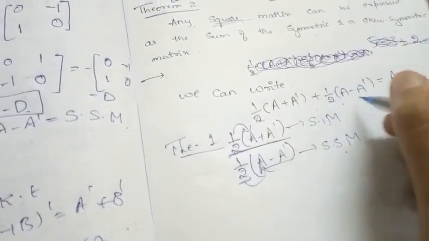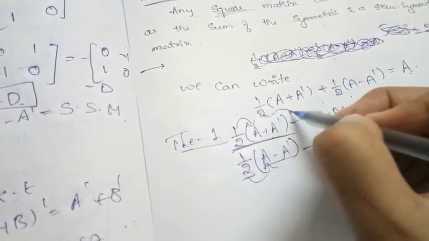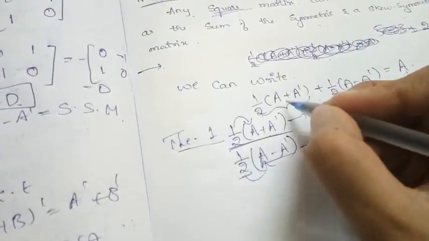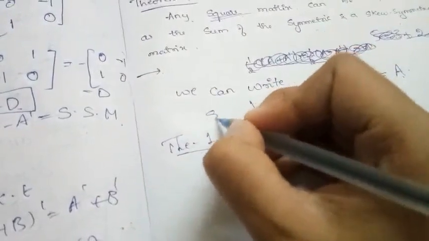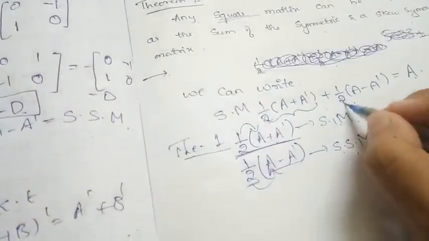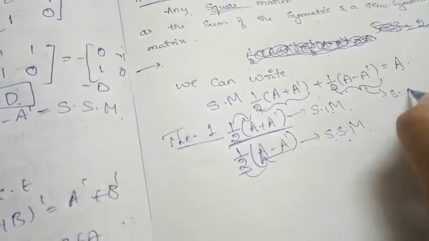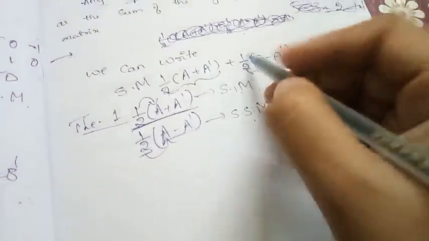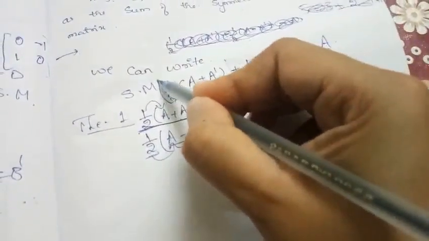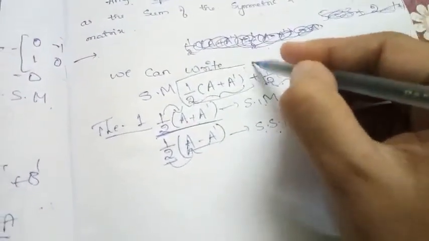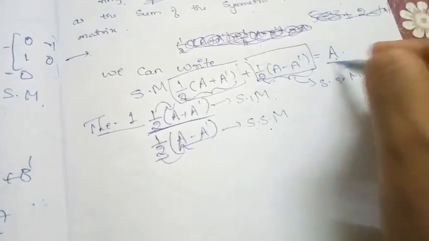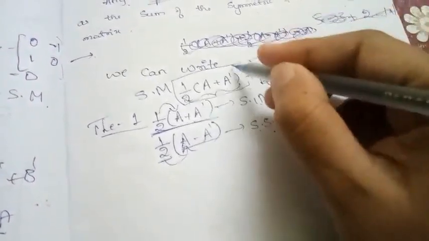Now you can see this clearly. Half of A plus A prime is our symmetric matrix. What about this one? This one is our skew symmetric matrix. So you can see here that any matrix can be expressed as the sum of a symmetric and a skew symmetric matrix.